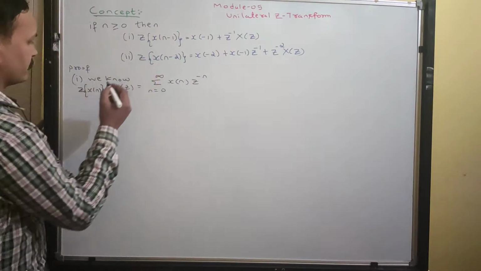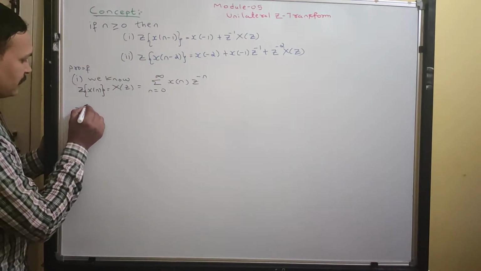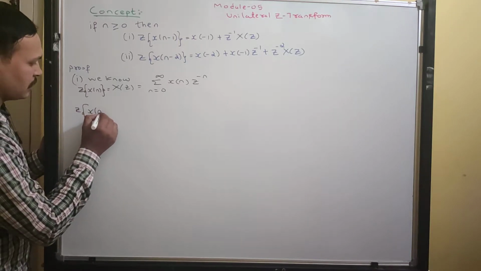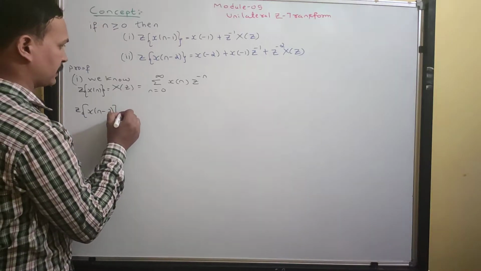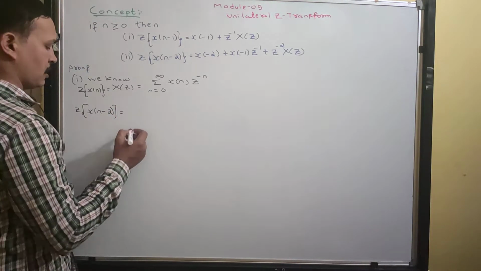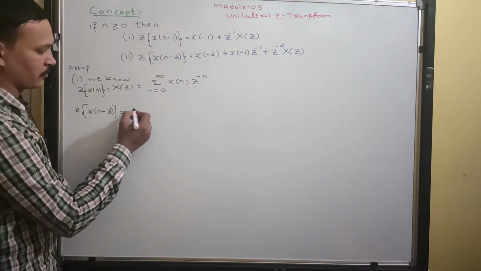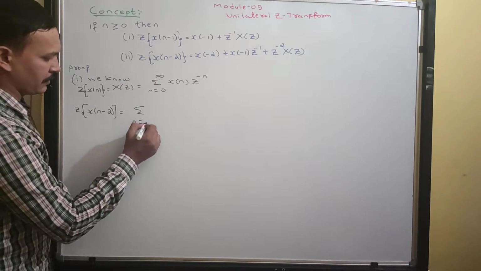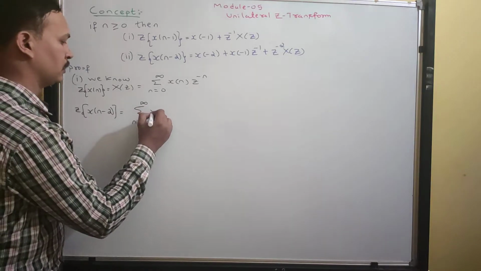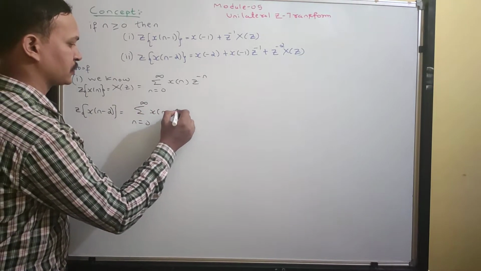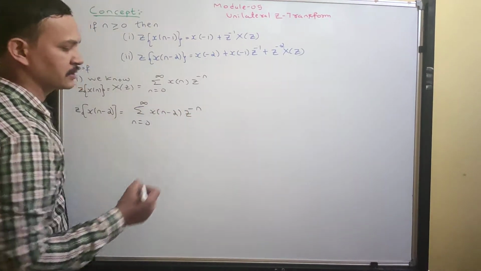Now the second one: z transformation of x of n minus 2. That can be written as, write the formula, summation n equals 0 to infinity, replace x of n by this, so x of n minus 2 into z power minus n.